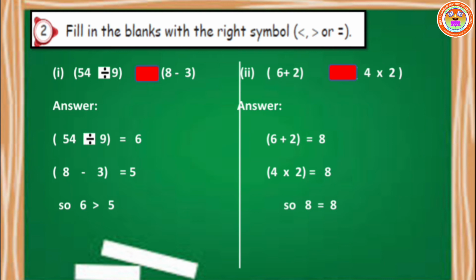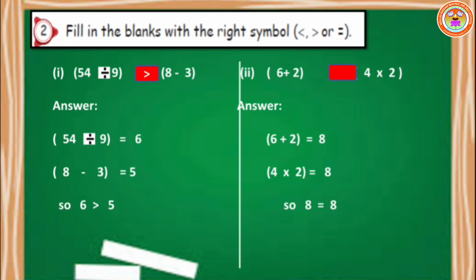Take the first expression. 54 divided by 9, we will get 6 because we know 9 sixes are 54. Then another expression, 8 minus 3 is equal to 5. So we can say 6 is greater than 5. So what symbol has to come in the first problem? 54 divided by 9 is greater than 8 minus 3.